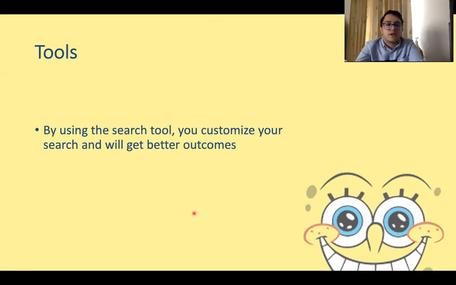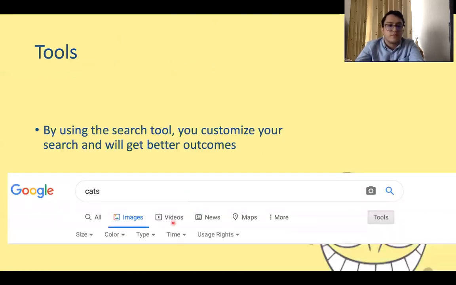Next, we got tools. Let's review the tools that you can use. By using the search tool, you customize the search and you will get a better outcome or a better result. For example, let's say we are talking about cats and we search cats on Google. You go to the images right here.